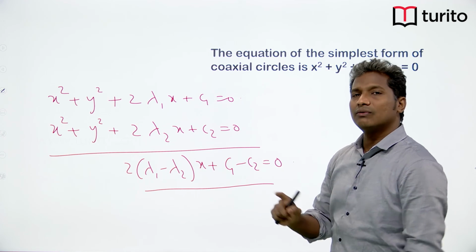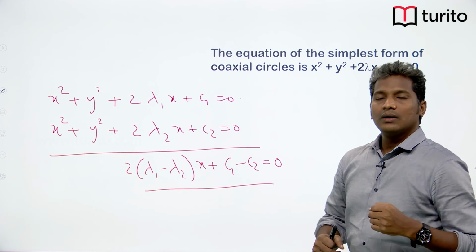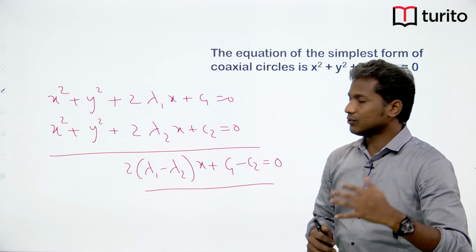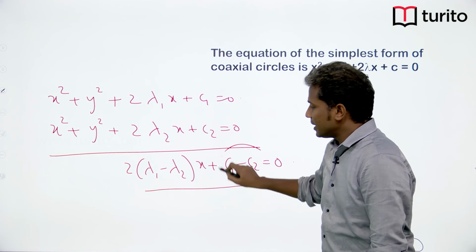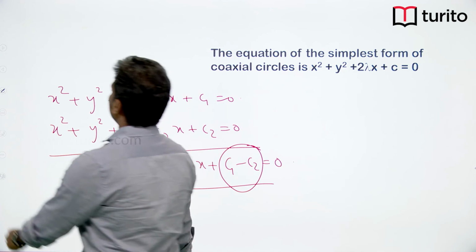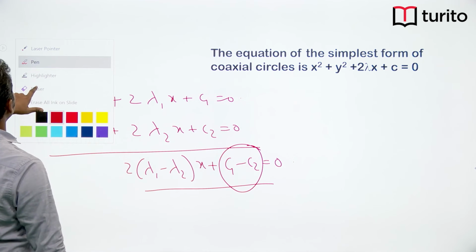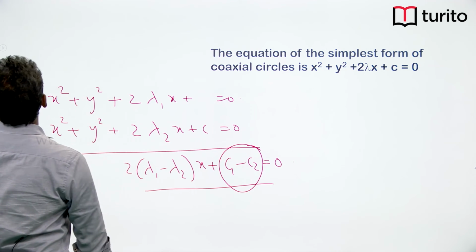So, equation of y axis is x equal to 0. Now, I want to get x equal to 0 here, which makes c1 minus c2 to be 0. So, here the modification that I am doing is this: instead of writing c1 and c2, I am just writing c.